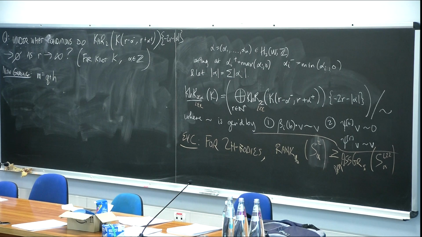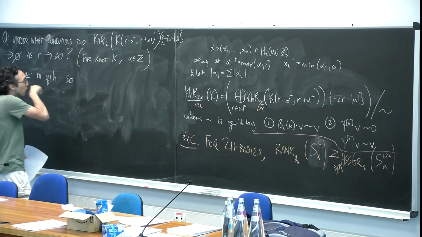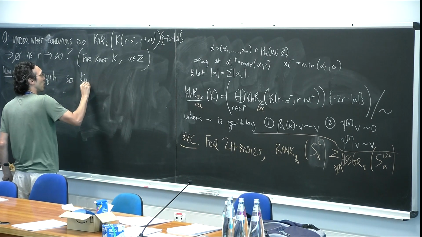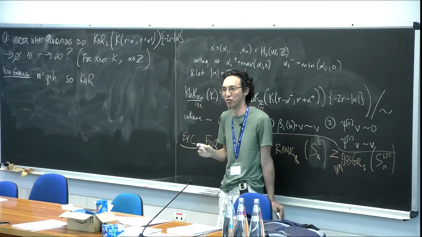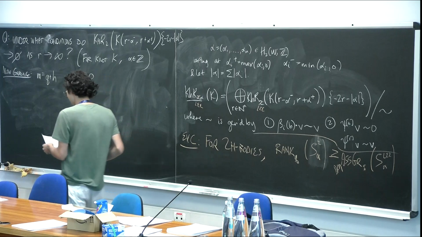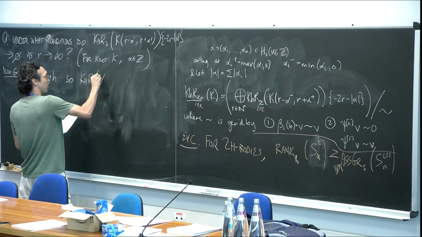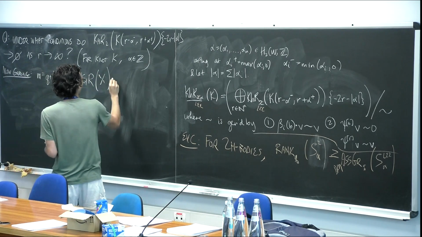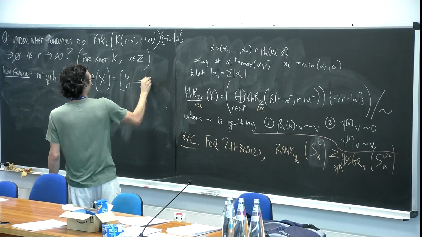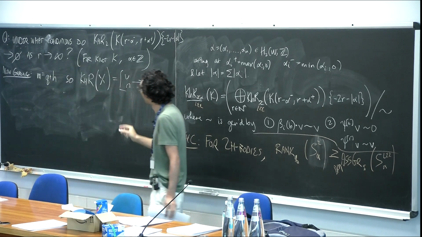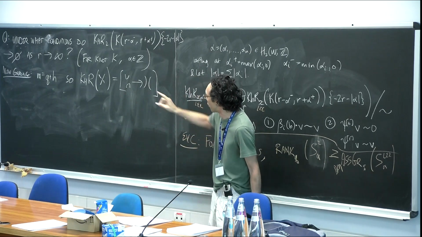And the reason for taking this combination, if you don't already know the answer of how this is going to go, is that it's easiest to see when you have a situation like this, by the way, I'm going to drop the 2, KHR is KHR2, that under this grading there are no grading shifts.